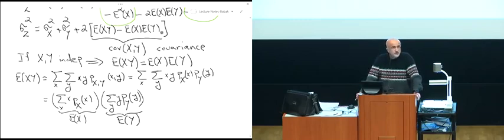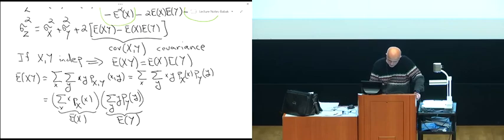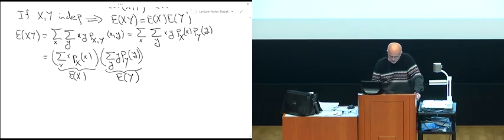In general, when the covariance of two random variables is zero, we call those random variables uncorrelated. So independence implies uncorrelatedness, but the opposite is not true necessarily. So two random variables can be uncorrelated but not independent. I won't go into the details of that right now. We'll get to that in a few lectures.